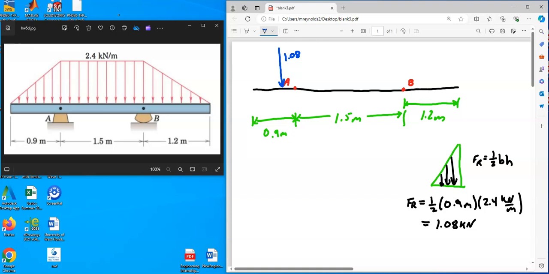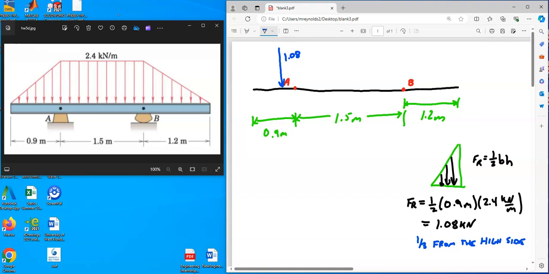Well, as I mentioned in the video, I like to think of it as 1/3 from the high side. And you might be like, what is the high side? Well, the high side clearly in this triangle is at A. This triangle goes from the left end of the beam all the way to point A. So the high side of the triangle is at point A. The low side is the left end of the beam.